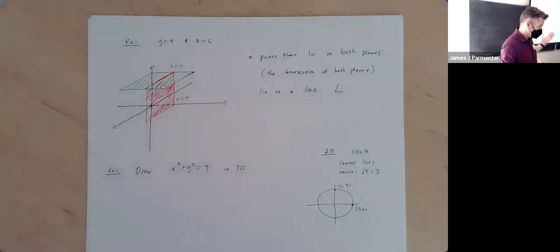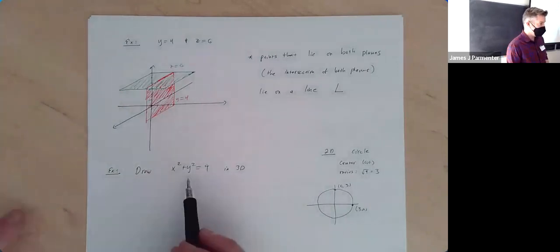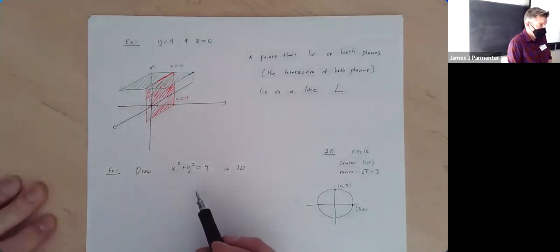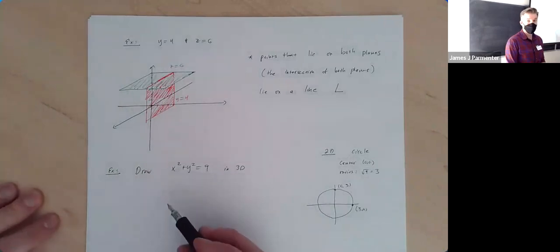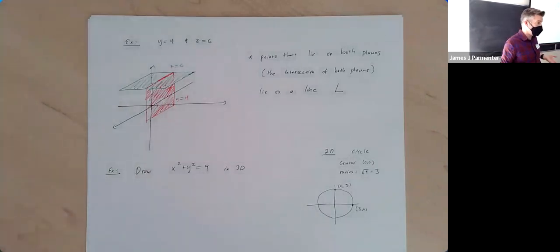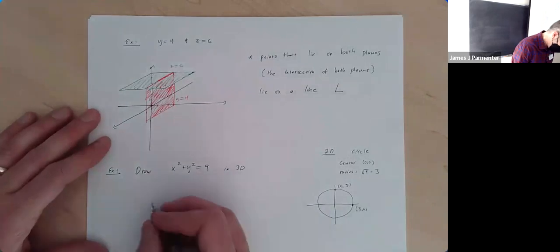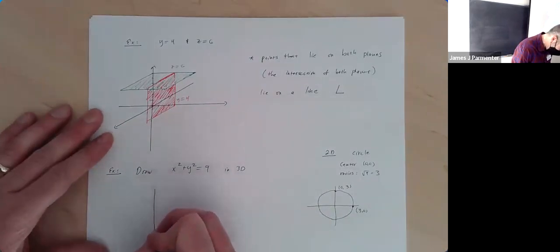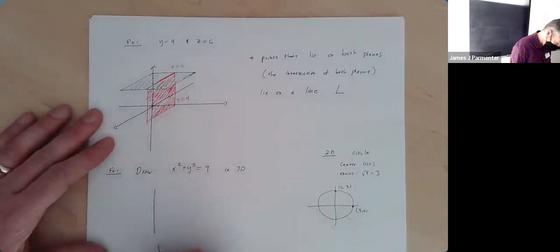In 3 dimensions, we're going to do the same sort of thing, except this equation doesn't have one of the 3 variables in it. It's missing z, which means we can extend it in the z direction. So if I try drawing this, let's see, yeah, sure, fine.